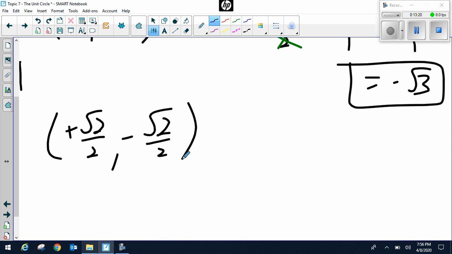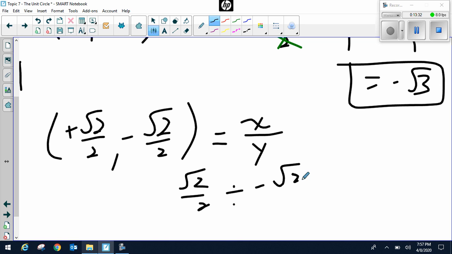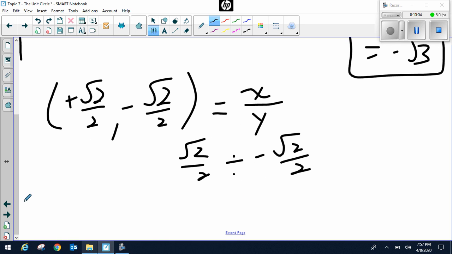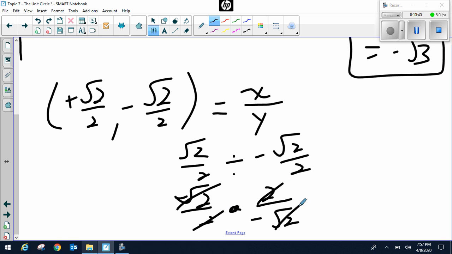Cotangent is the reciprocal of tangent, which means it's x divided by y. So we take our x, which is square root 2 over 2, divided by negative square root 2 over 2. Keep the first fraction the same, change that to multiplication, flip the second fraction. And what ends up happening is everything cancels out. We're left with just negative 1.